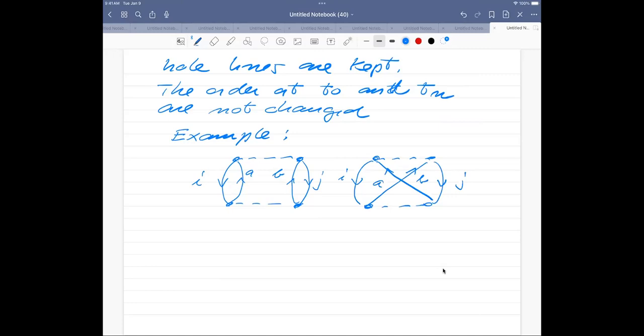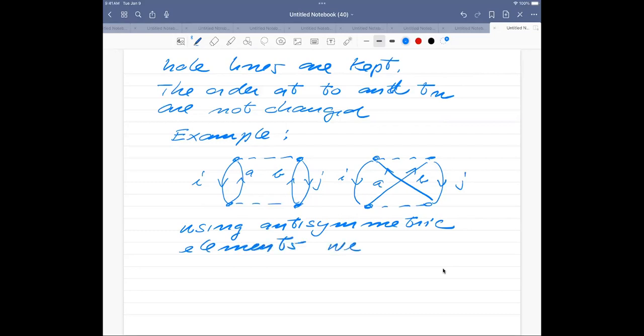So when we now use anti-symmetrized matrix elements, which is pretty common, we can shrink this, we can rewrite this.